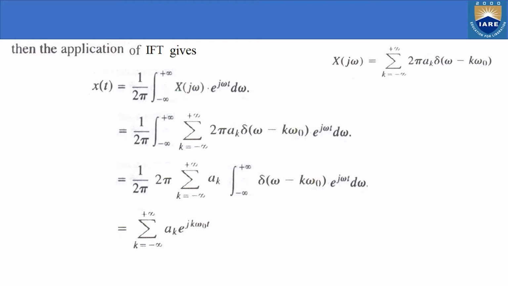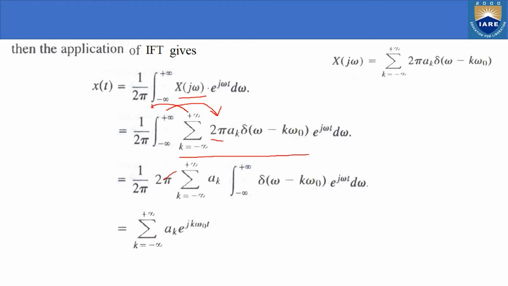Now apply the inverse Fourier transform. So this is the equation for the inverse Fourier transform. Substitute here the set of infinite number of impulses. Then ak is a constant. First you have to exchange the integral with the summation. This comes inside and this goes outside. Second, 2 pi is a constant, you have to take it out.